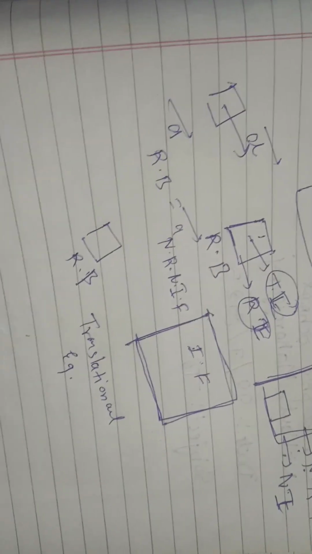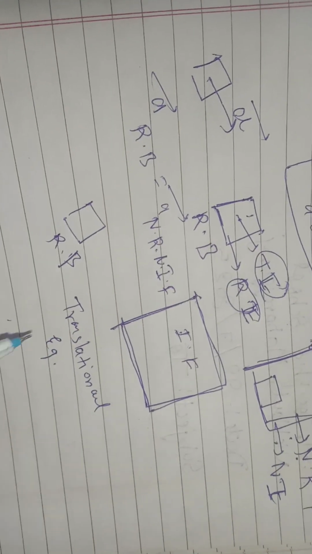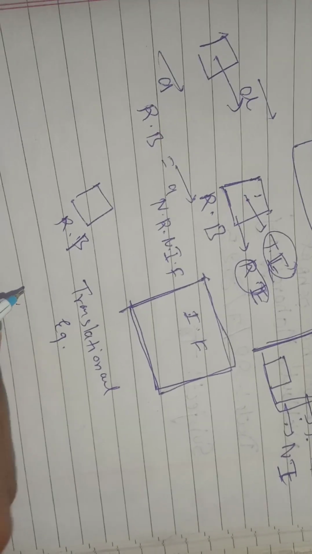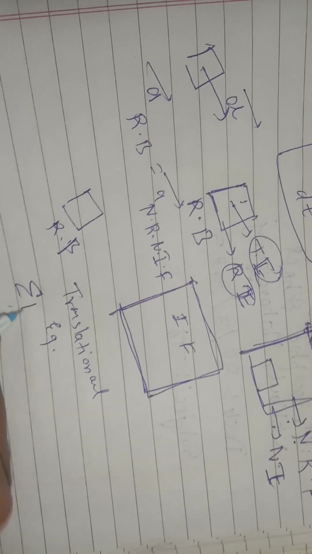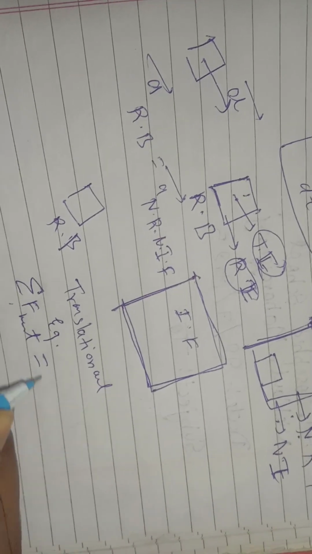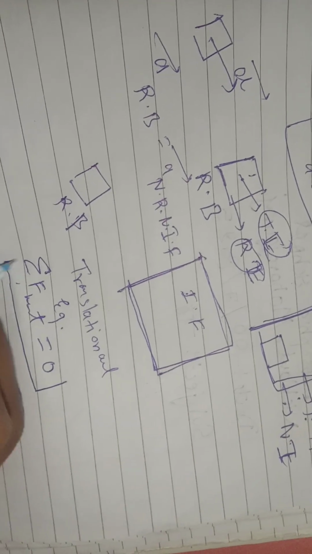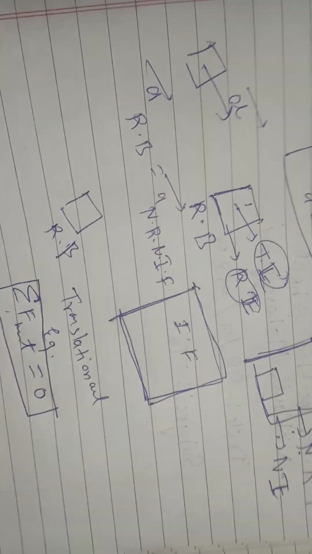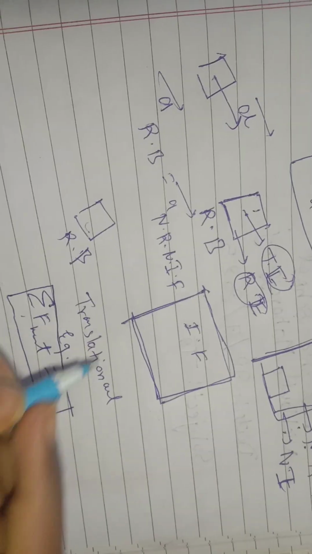What do you know about translational equilibrium? Translational equilibrium means the net external force should be equal to 0, and here it is not in translational equilibrium.